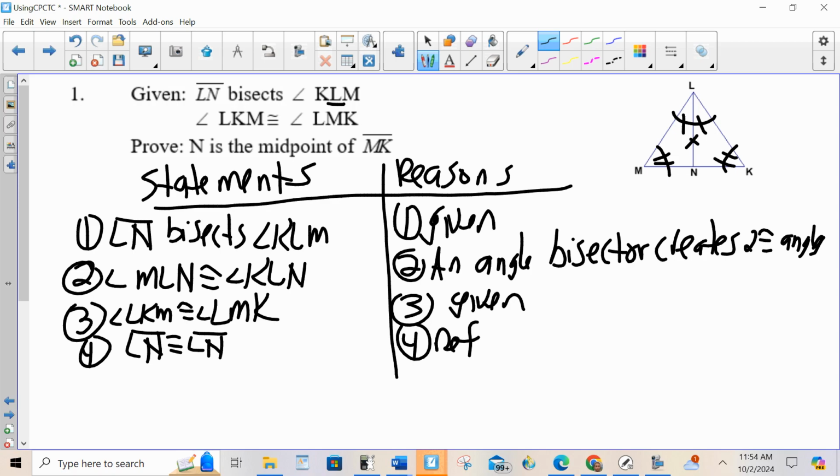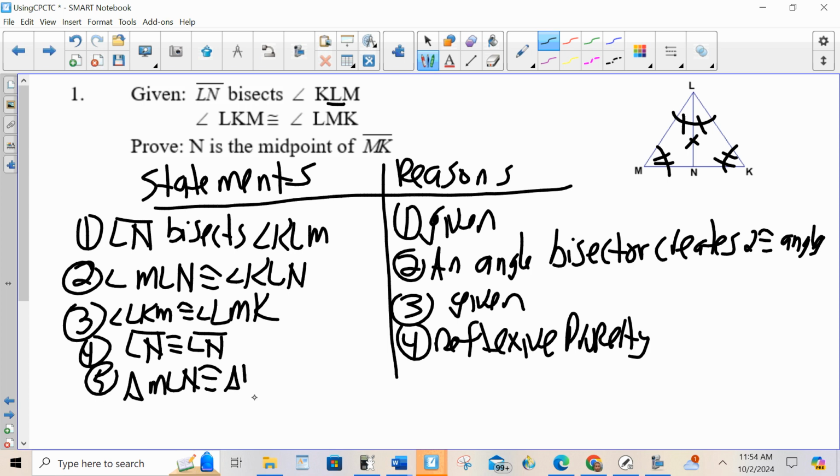Reflexive property. Now that I have three things, I state that triangles are congruent. Triangle MLN is congruent to triangle KLN. Angle, side. So that's nothing new. You're always proving triangles are congruent.